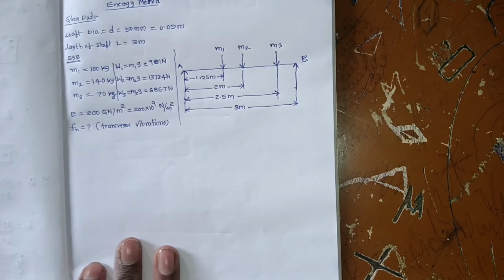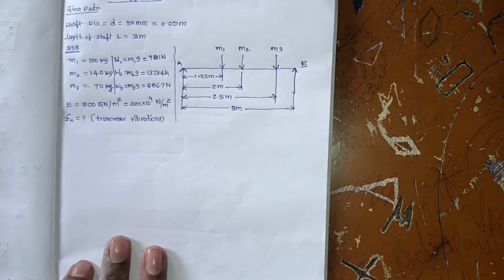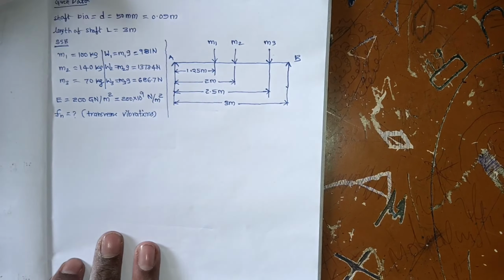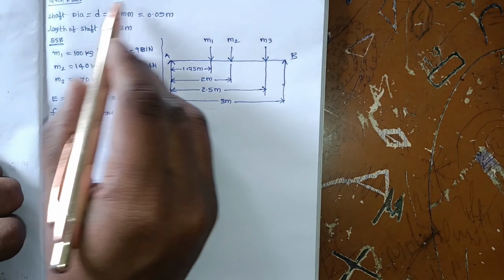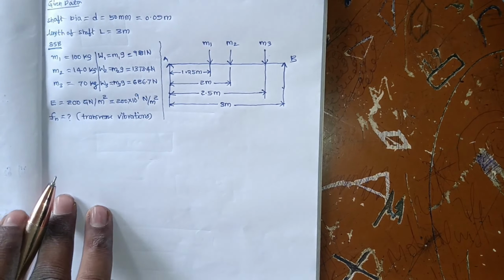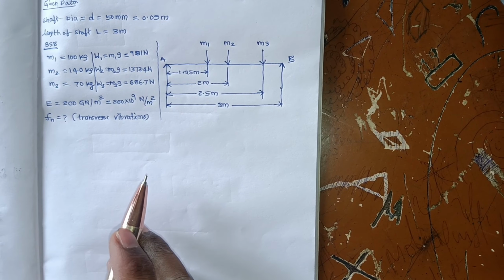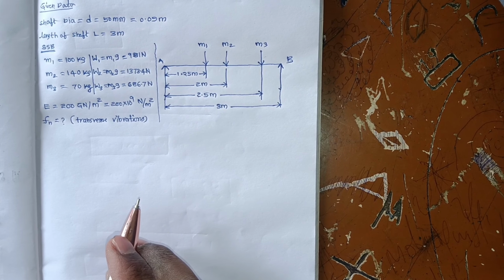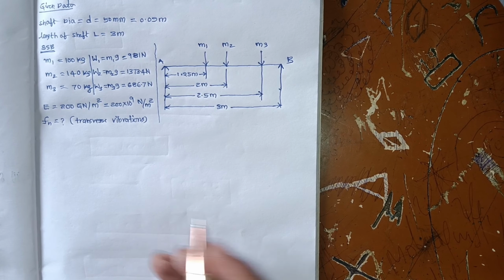So here the energy method formula: the condition for energy method is that the maximum potential energy is equal to the maximum kinetic energy.